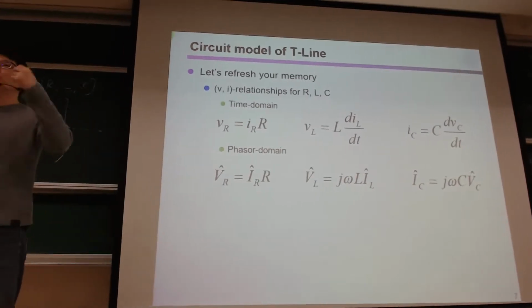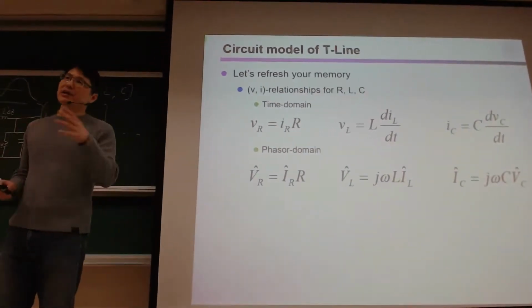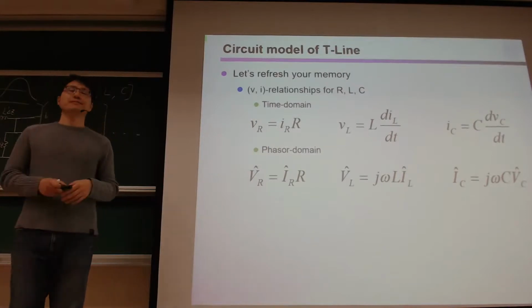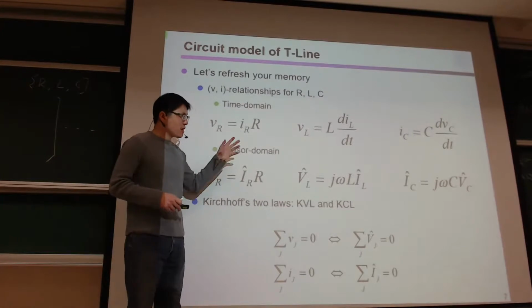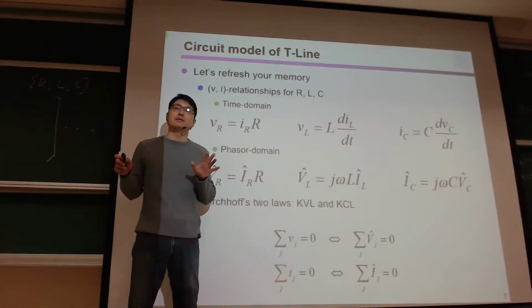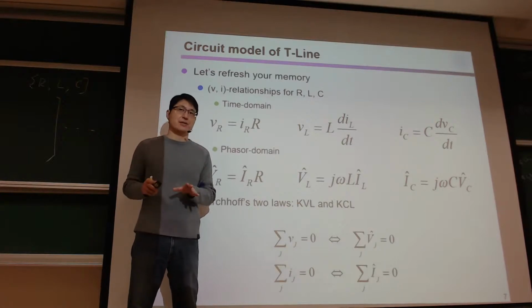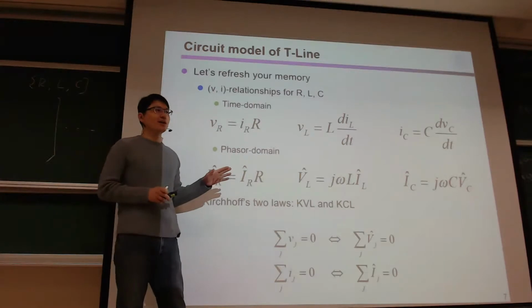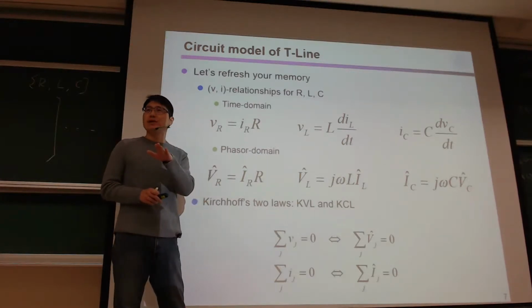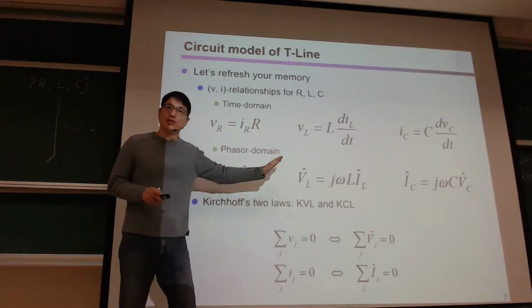You only have algebraic multiplication, adding, subtraction, that's it. So in the end, I want to use everything, if possible, in the frequency domain using phasor representation. After class, at home, try to familiarize yourselves with this transformation.